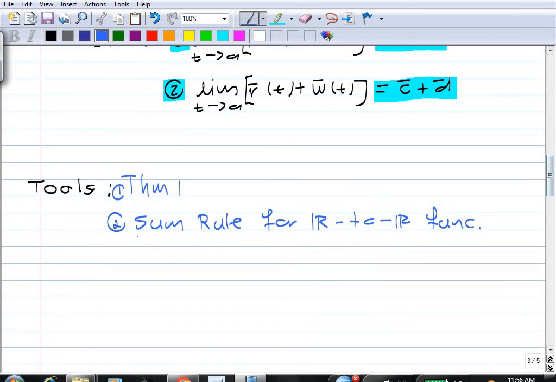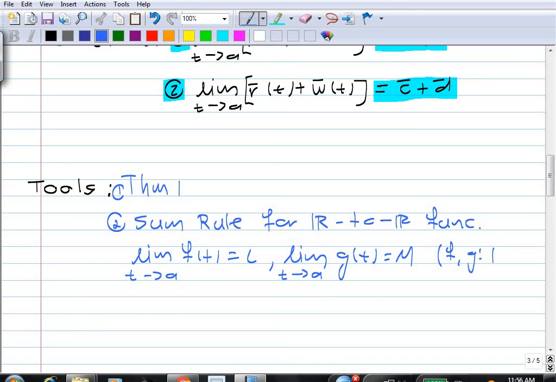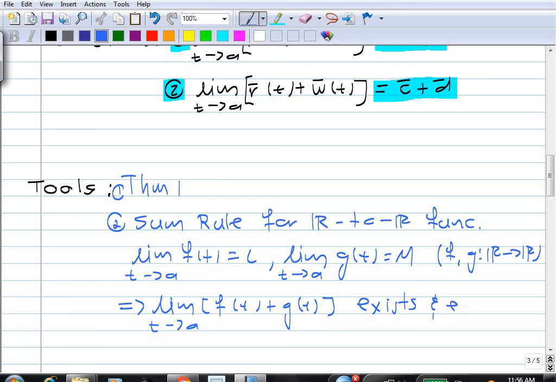And what does this result say? Well, it says if the limit as t goes to a of a function f of t is L, and the limit as t goes to a of a function g of t is M, where f and g are functions from R to R, then the limit of the sum of these two functions, f of t plus g of t, exists, and it equals L plus M. So the sum of the limit of f and the limit of g.